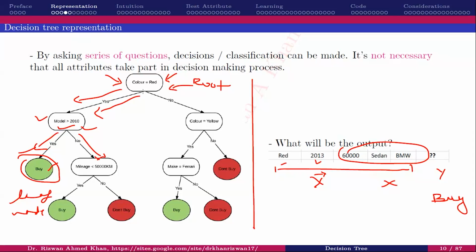You just follow this decision tree. It's just like trickling down water from the mountain, right? So a path is being formed, like you are following a path, and based on the path you choose a decision. It's as simple as that. Okay.